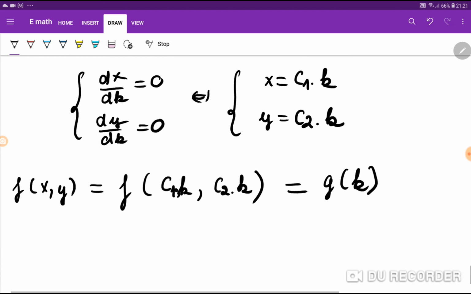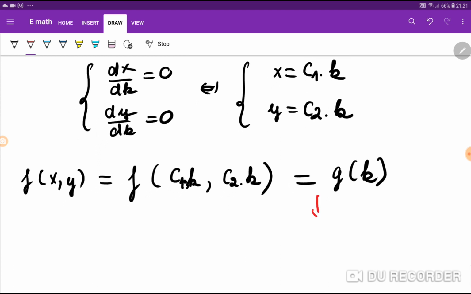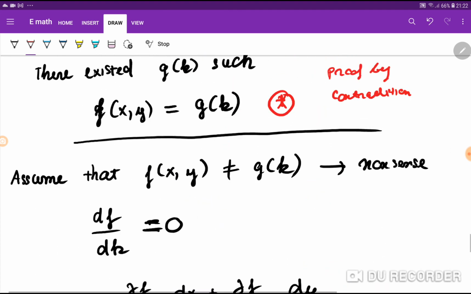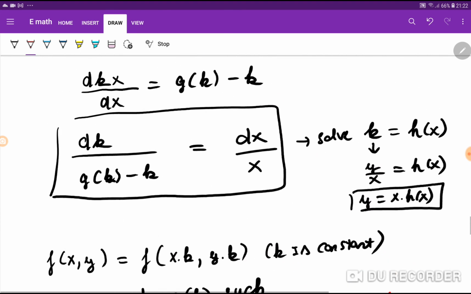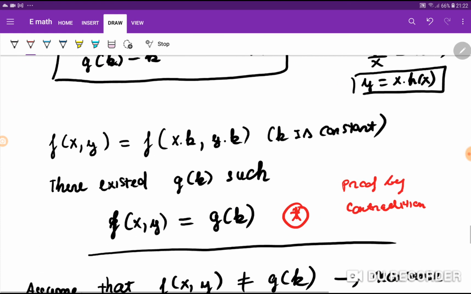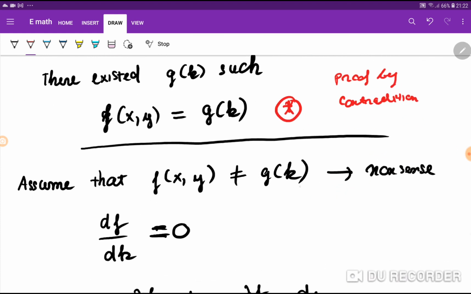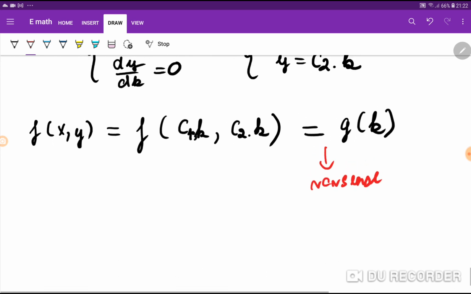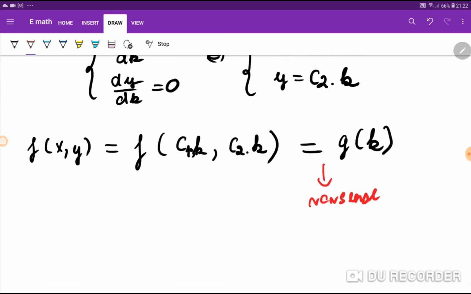And what is this statement? It's nonsense, right? Why? If you go back to our original assumption, we assumed that f(x, y) is not a function of k. And now we have f(x, y) equal to a function of k.